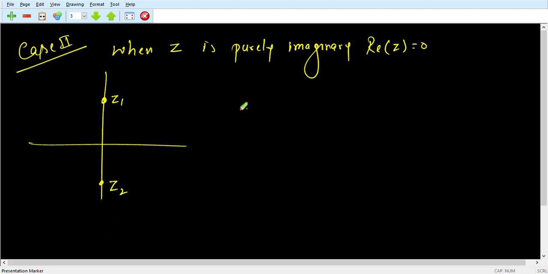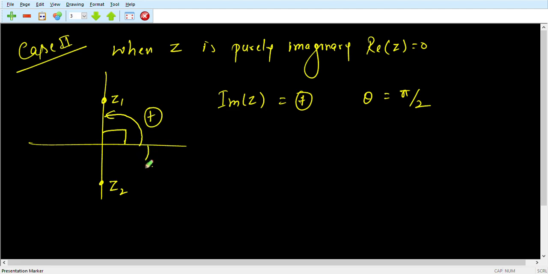For z1, if the imaginary part of z is positive, then theta will be pi by 2, meaning 90°. And as you already know, if we are calculating theta in the anti-clockwise direction, we count theta as positive. If we take the angle in the clockwise direction, theta will be negative. So if the imaginary part of z is negative, then theta will be minus pi by 2, right?